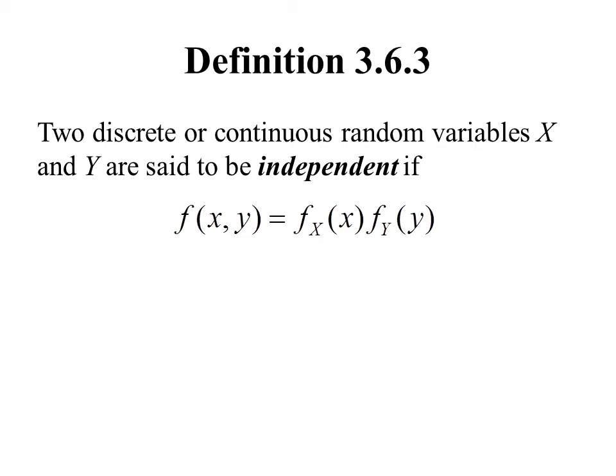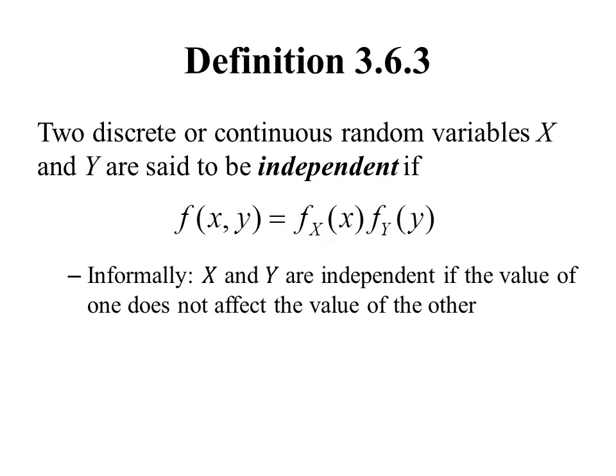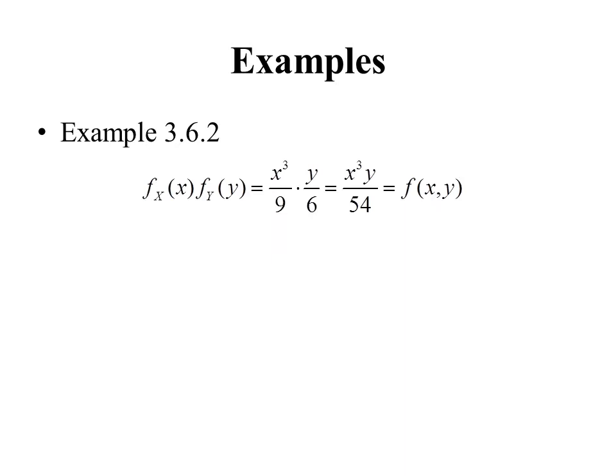Well, random variables are said to be independent if their joint PDF is the product of their marginal PDFs. Now, informally, independence means that the value of one does not affect the value of the other. Just like back in Chapter 2, independent events, the occurrence of one had no effect on the probability of the other. So let's look at a couple of examples that we've done here.